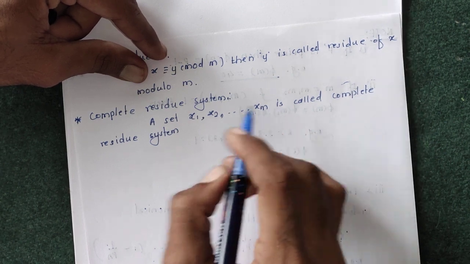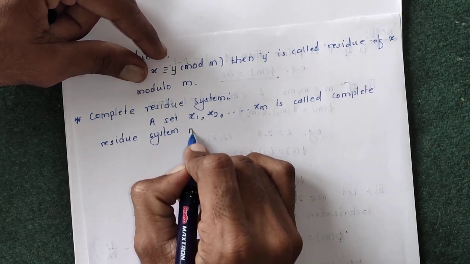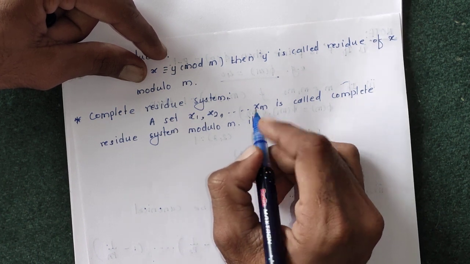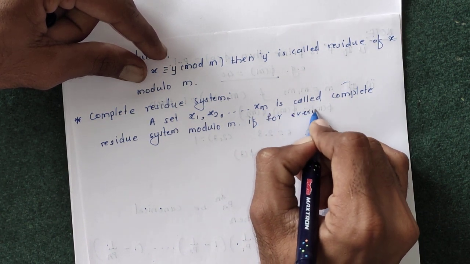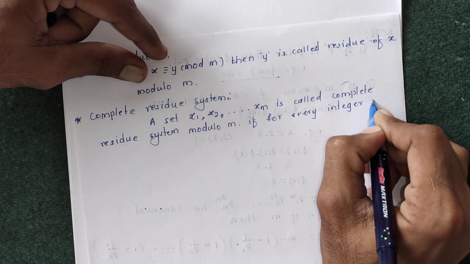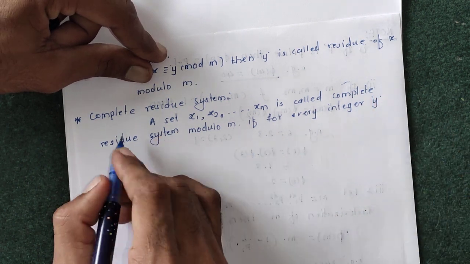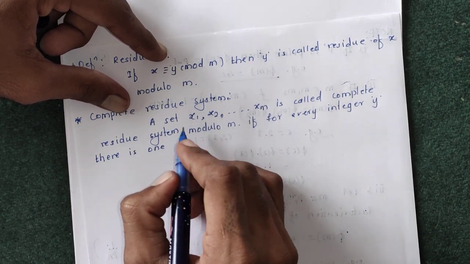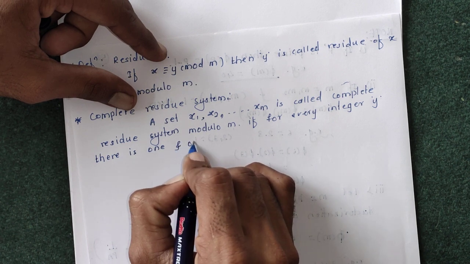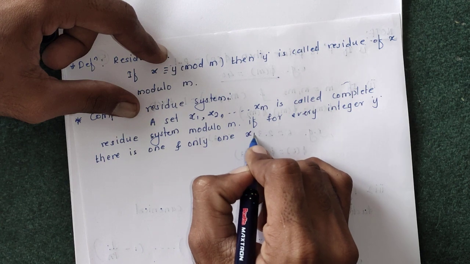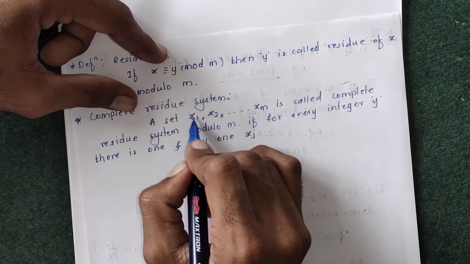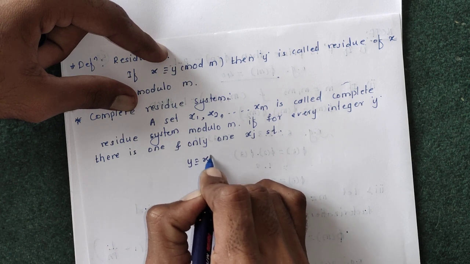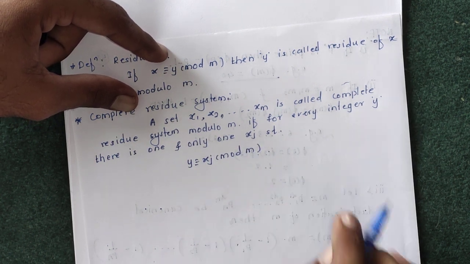The residue system modulo m, if for every integer y there is one and only one xj such that y is congruent to xj modulo m.